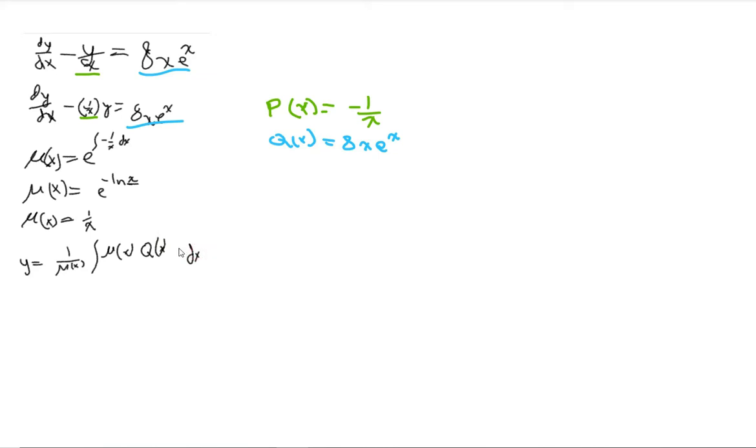Normally when you plug in mu and Q, something cancels out really nicely, and when you get some nice cancellation, that's a pretty good sign that you're on the right track.